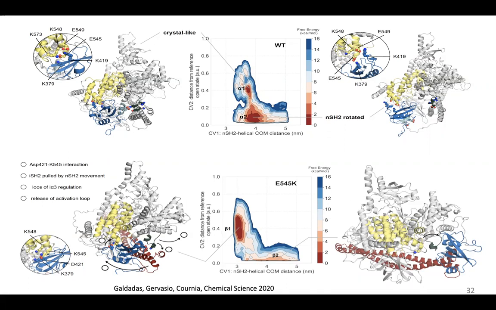And here with Francesco, we show the different conformational energy landscape that occurs when you have the mutant E545.